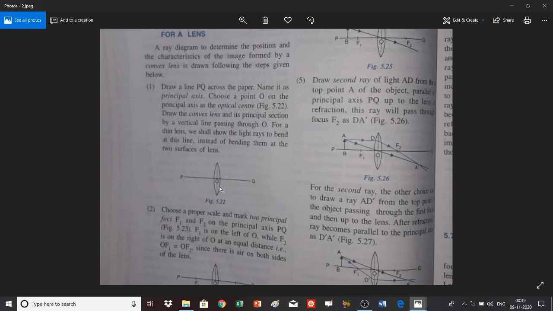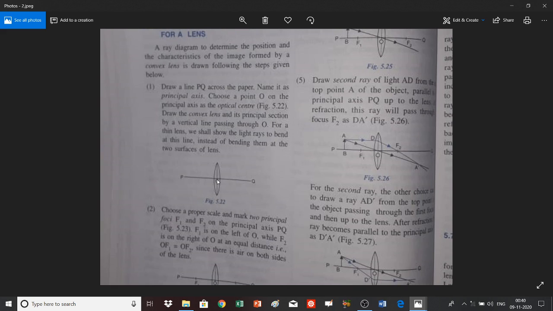After that, choose a point O on the principal axis, which will be denoted as the optical center.